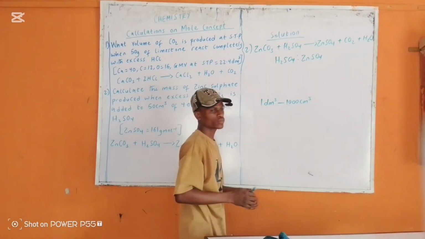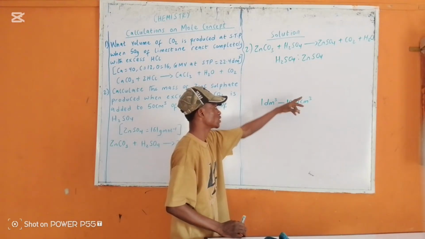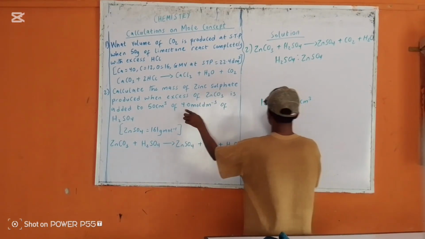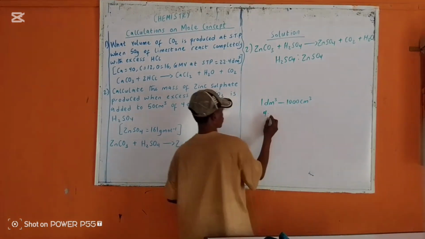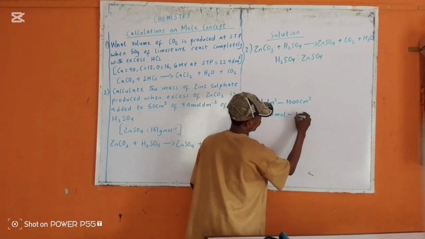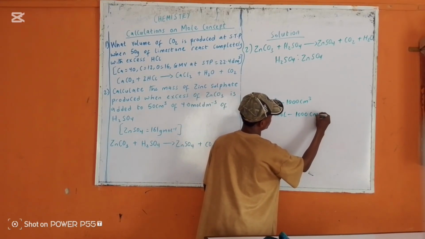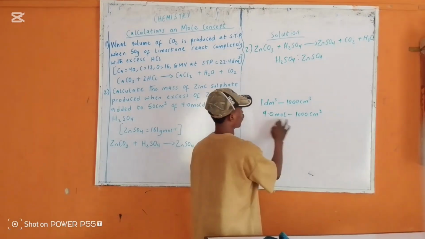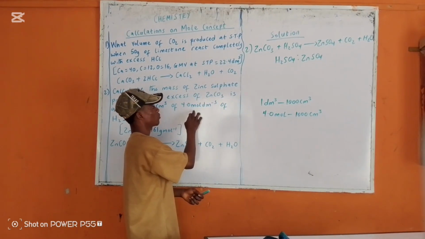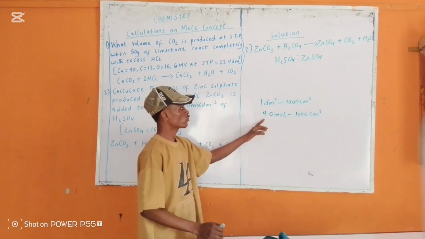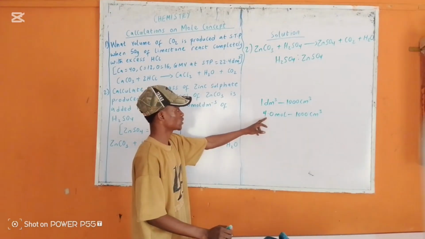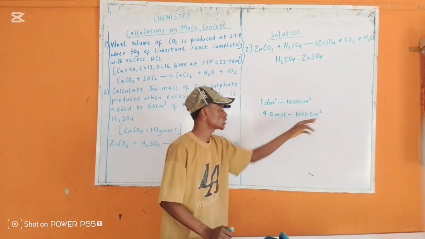1 dm³ equals what? 1000 cm³. So it means that we have 4.0 mole in 1000 cm³, which is 4 mole in 1 dm³, which is 4 mol/dm³. So we have 4 mole of H2SO4 in 1000 cm³.